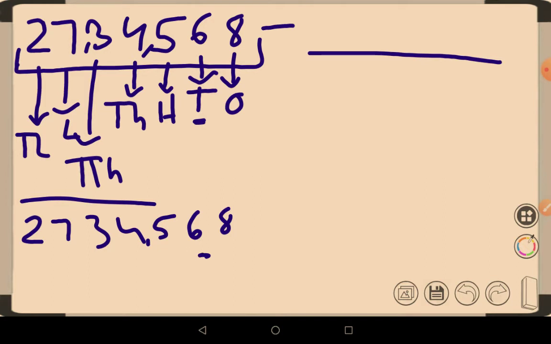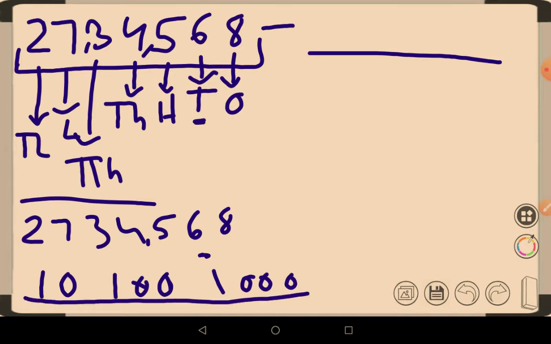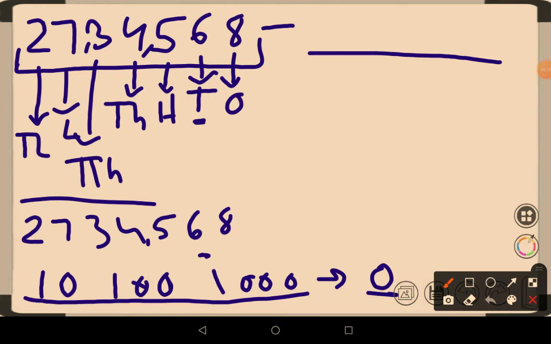In tens, hundreds and thousands we are going to do it, and each number behind will continue as 0. Now in this you see, 273 273 568.